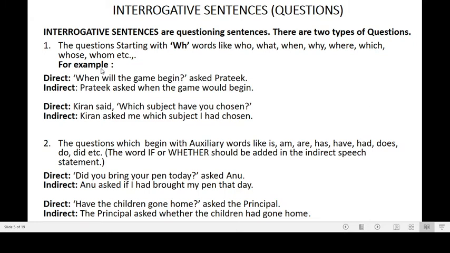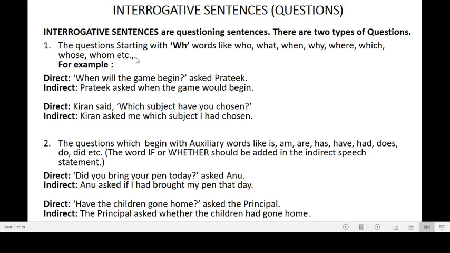Let's first discuss these WH questions, and then we will move on to yes or no questions. Just look here: "When will the game begin?" said Pratik, or asked Pratik. Pratik asked when the game would begin. Another thing that I missed telling here is, when you identify that the sentence in direct speech is a question, then the reporting verb should be asked or inquired.